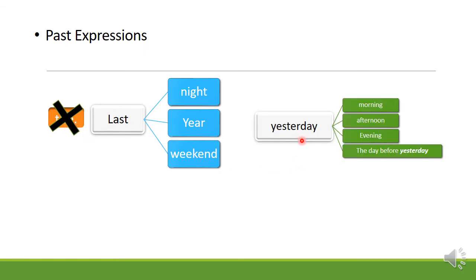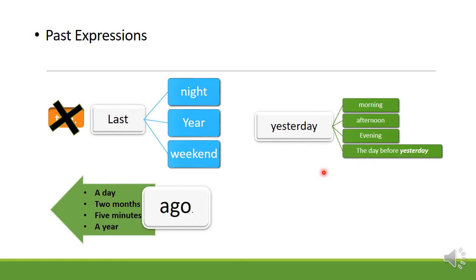Then you may combine yesterday with some other options. For example, you may say yesterday morning, yesterday afternoon, yesterday evening, or the day before yesterday. You may also combine time expressions with ago to refer to something that happened some time ago.